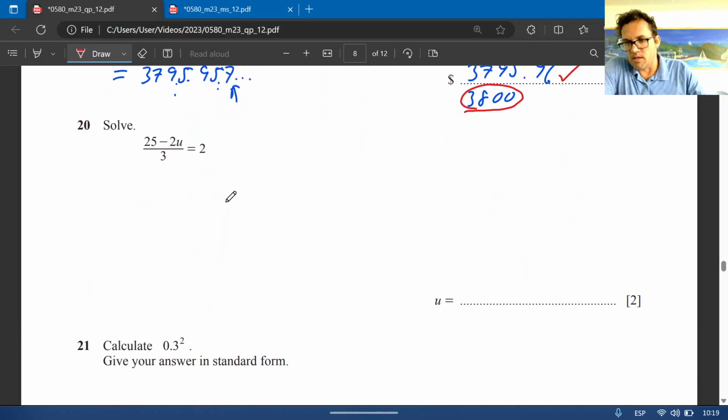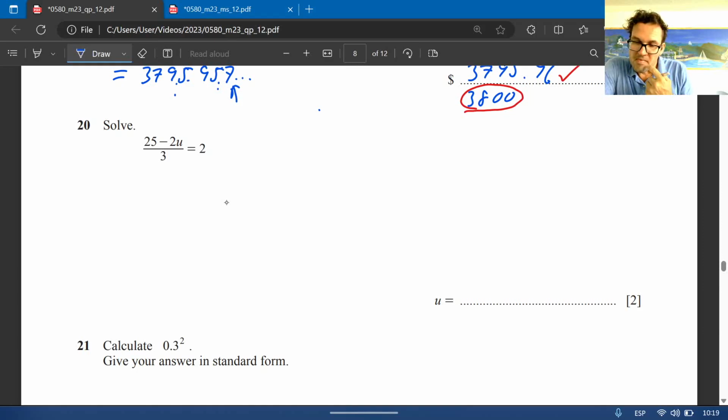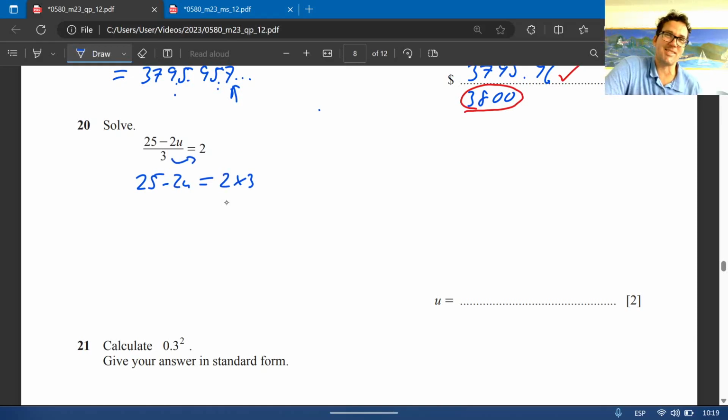Question 20. Solve. You see that 25 minus 2u is always being divided by 3. So we just throw the 3 to the other side: change sides, change sign. Divide becomes times. So that gives us 25 minus 2u equals 6. What shall we do next?